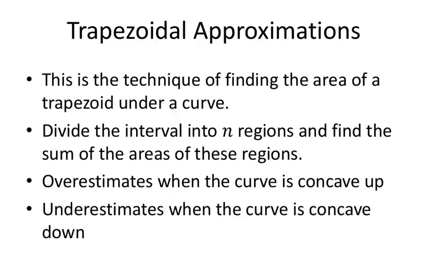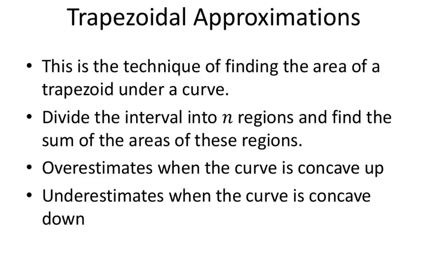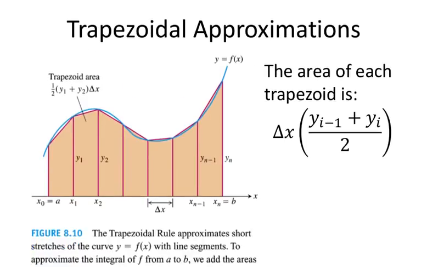The first of the two methods to talk about is the trapezoidal approximation. You basically draw a trapezoid between two data points on your f curve and find the area of that trapezoid. It has a little bit of hazard. It tends to overestimate when the curve is concave up, and it underestimates when the curve is concave down. But other than that, it gets pretty close.